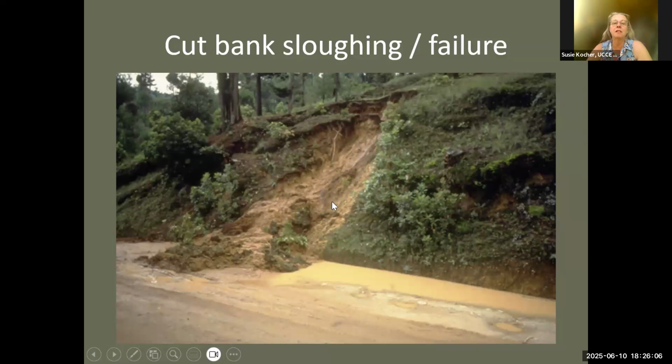So this is the cut bank. That's the upslope part of the road. In order to put this road in, you have to picture that there used to be a slope right here, and a road was cut into the landscape. And so usually there's a cut bank here, and that sediment can slough off or fail.